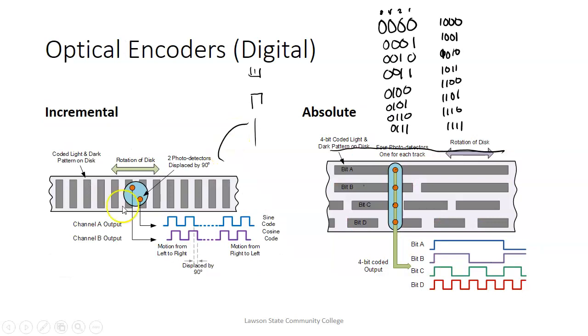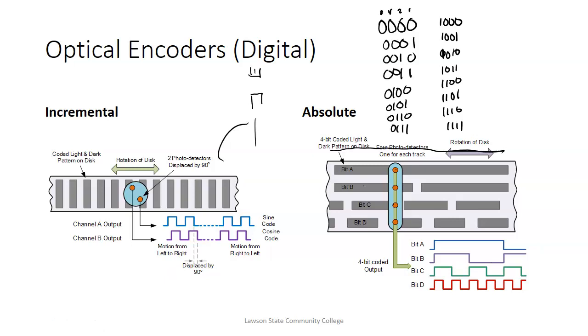By the way, most of the time on these incremental encoders, we have 2 sensors, and the sensors are offset by about 90 degrees. What that means is that if we move in one direction, one sensor will pulse first. If we move the other direction, the other sensor will pulse first.